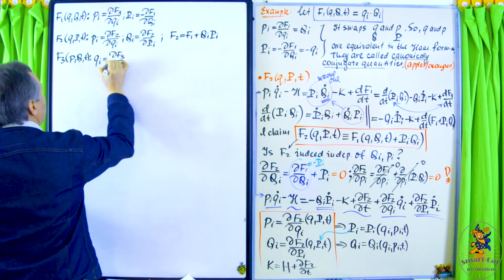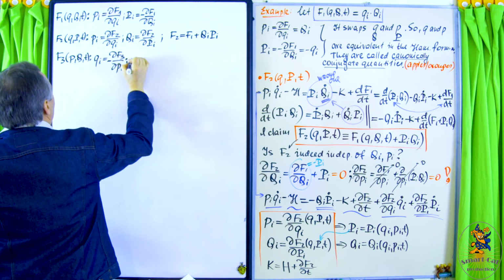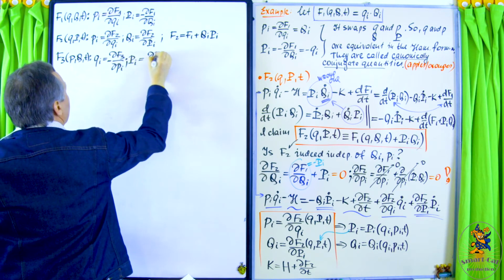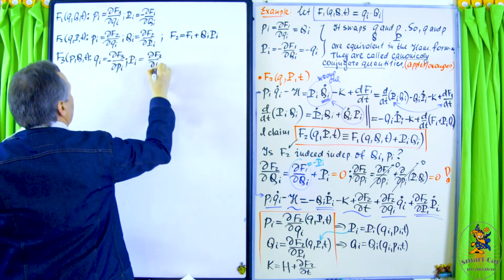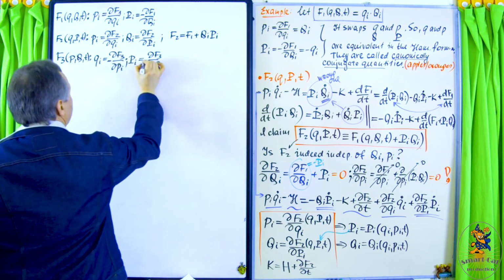Then p capital equals partial derivative of f3 with respect to Qi, and again the sign, again minus.